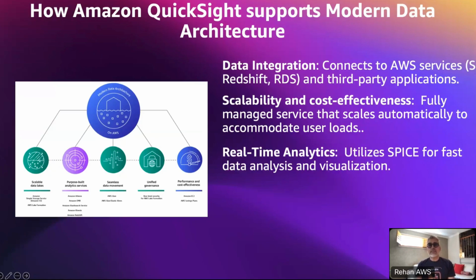Real-time analytics. QuickSight supports near real-time analytics through its SPICE engine, which stands for Super-fast, Parallel, In-memory Calculation Engine, which allows users to perform quick calculations and generate visualizations without manual data extraction processes.